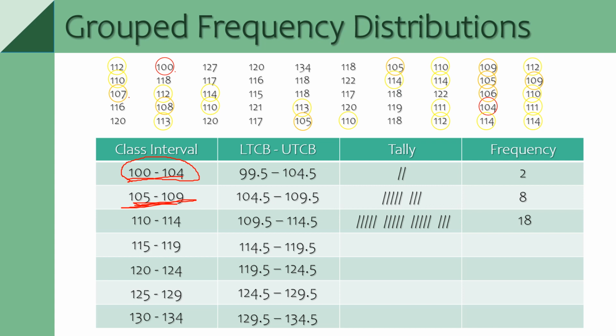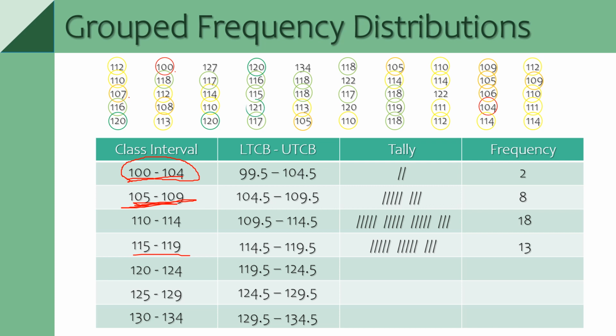Okay, next. Bilangin natin yung temperature na meron between 115 to 119. So, we have 1, 2, 3, 4, 5, 6, 7, 8, 9, 10, 11, 12, 13. 13 lang. So, we have 13 temperature between 115 to 119. Okay, next, 120 to 124.